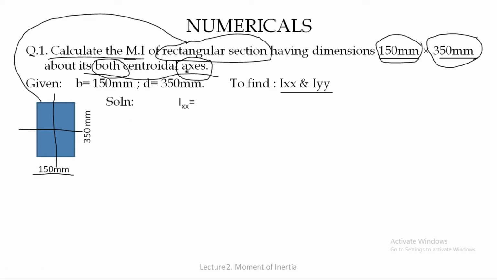We have the formula for IXX of a rectangular section, which you must have written down, and the formula is BD cube upon 12. B is 150 mm, D is 350 mm.